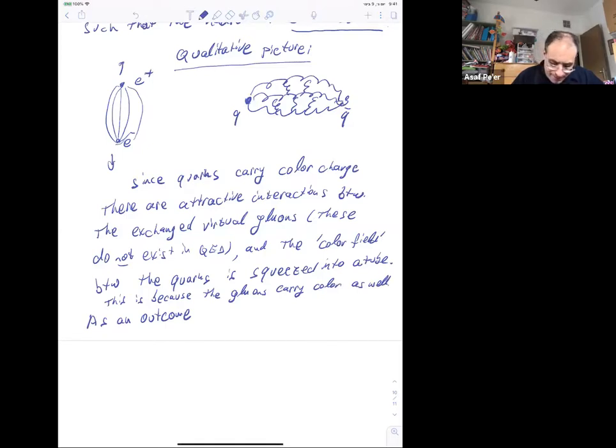As an outcome of this squeezing, the energy density, again, it can be shown, blah, blah, blah. I'm not going to give you the full mathematical proof right now. The energy density in the tube between the quarks containing the gluon field is constant.